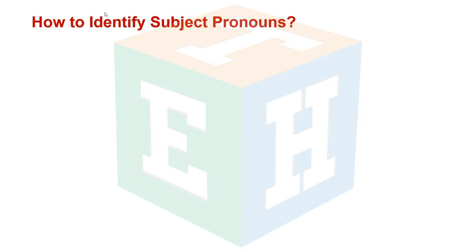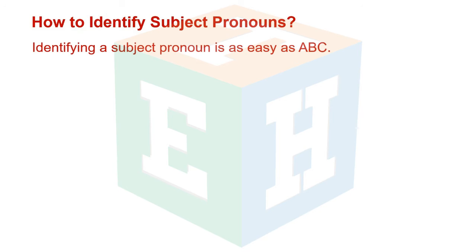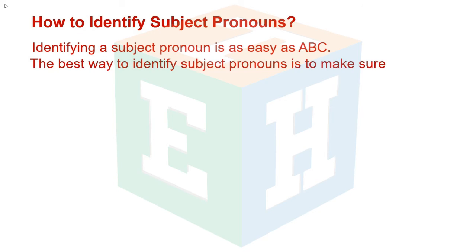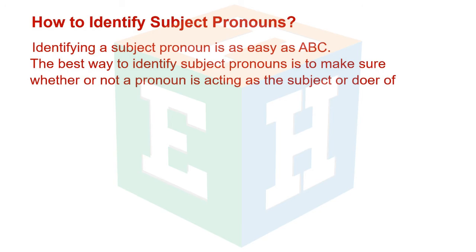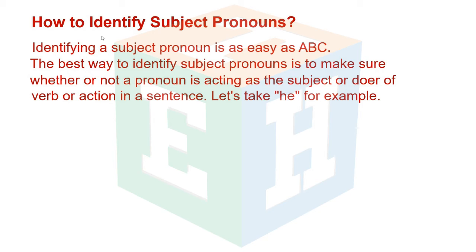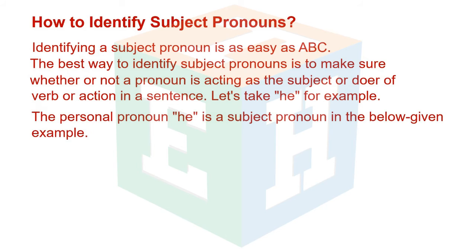How to identify subject pronouns? Identifying a subject pronoun is as easy as ABC. The best way to identify subject pronouns is to make sure whether or not a pronoun is acting as the subject or doer of the verb or action in a sentence. Let's take he for example.